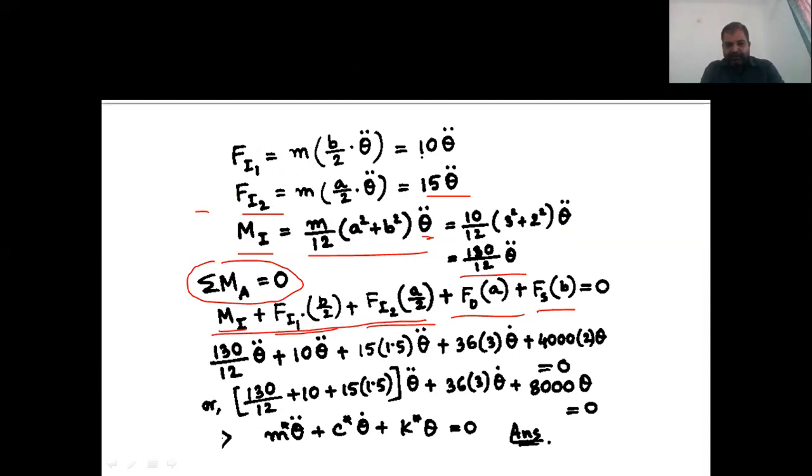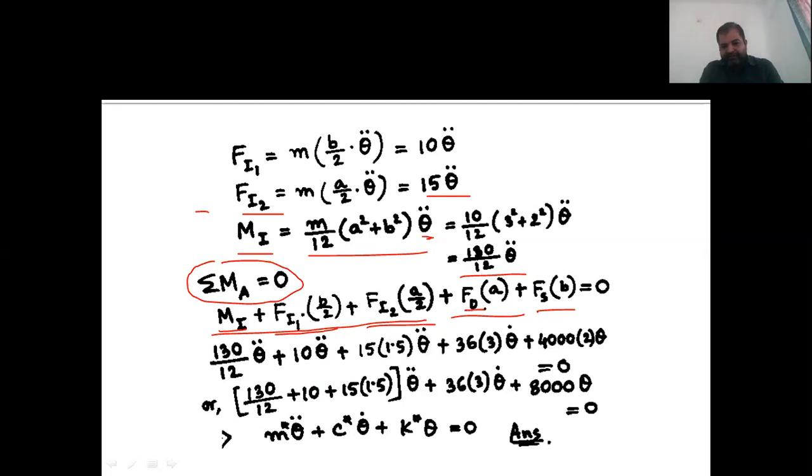If you put this value, 10, 15 plus 130 by 12, so 130 by 12 plus 10 plus 15, put this value, and also put the values of b and a, and take theta double dot outside.